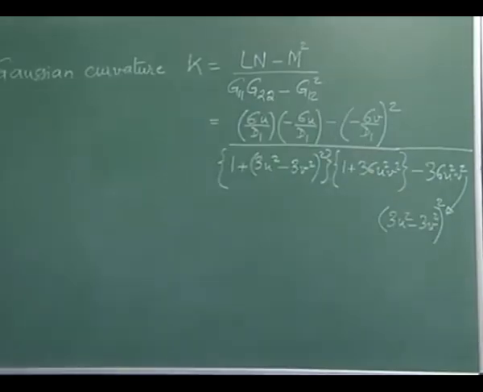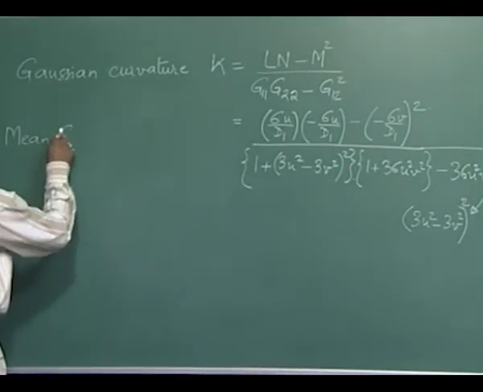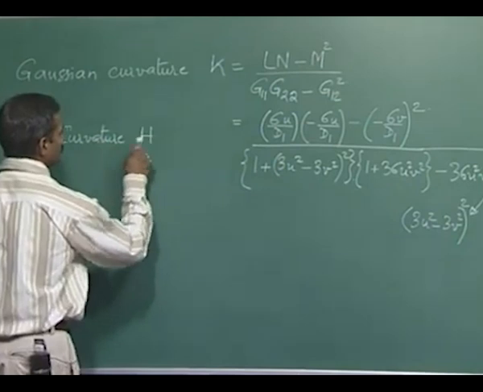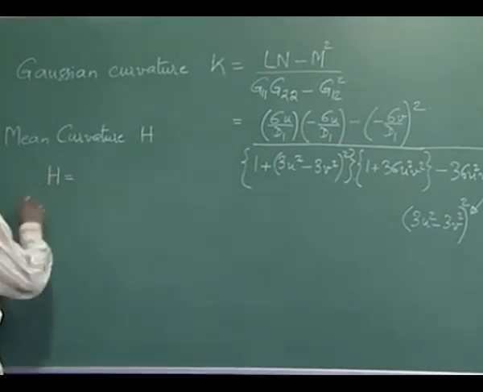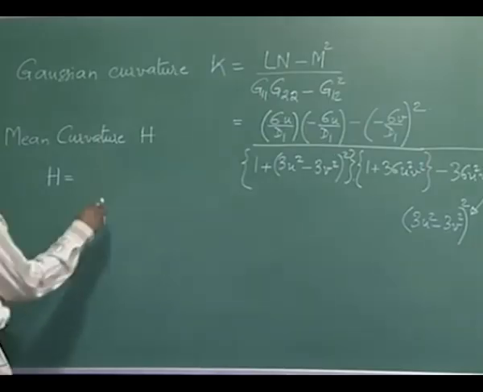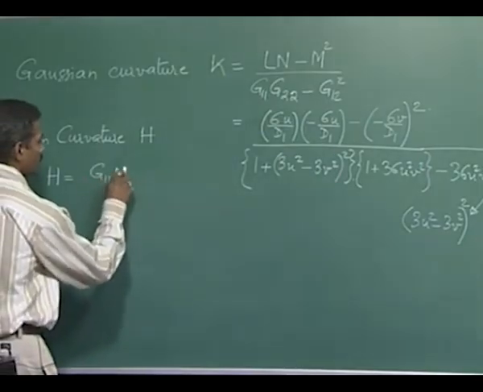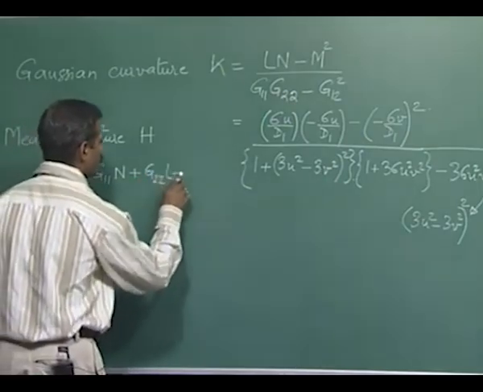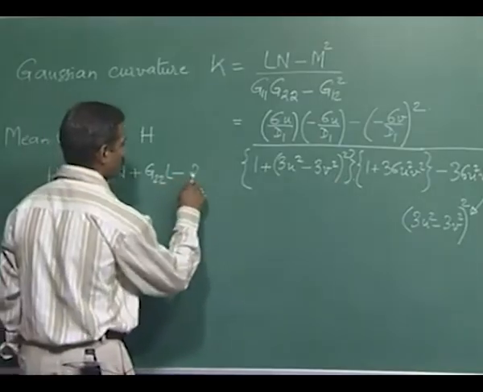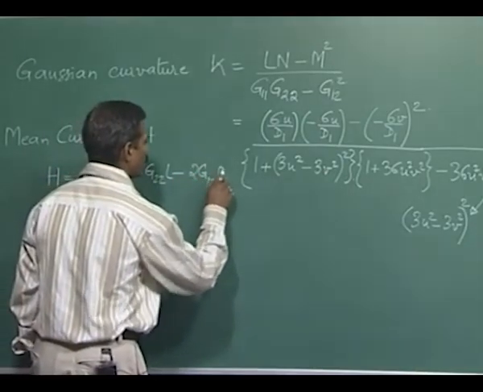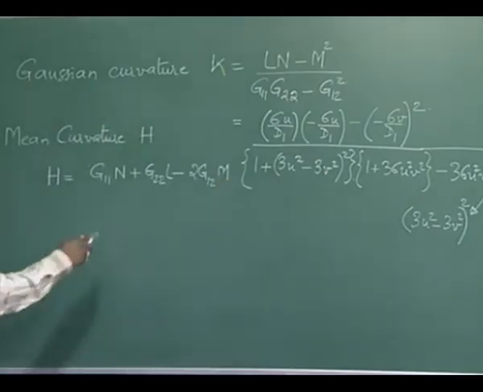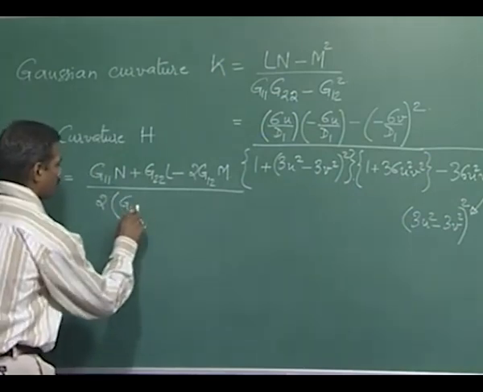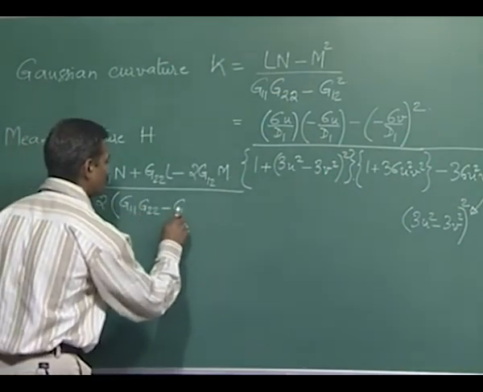The mean curvature H is given by H equals (G11 N plus G22 L minus 2 G12 M) over 2 (G11 G22 minus G12 squared).